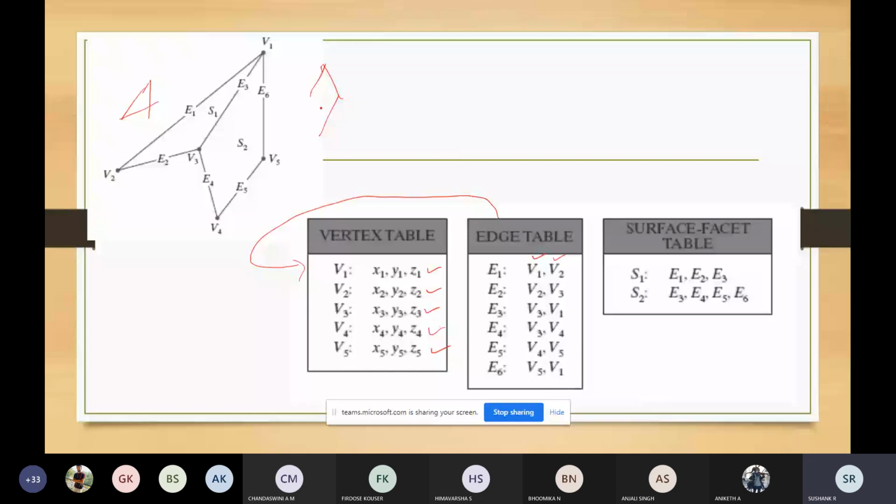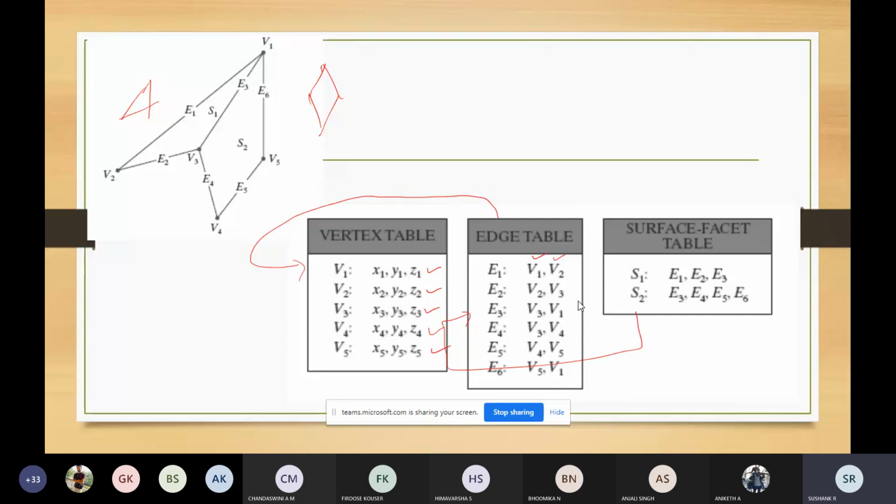This surface table will also contain a pointer back to the edge table to identify the edges for each polygon. So the vertex table consists of only vertices and coordinate values. The edge table consists of edges and a pointer which will point back to the vertex table, which will identify the vertices for each edge.